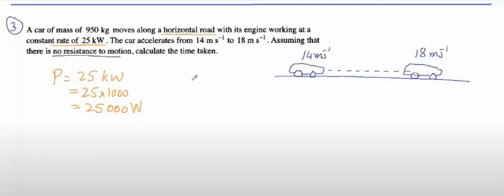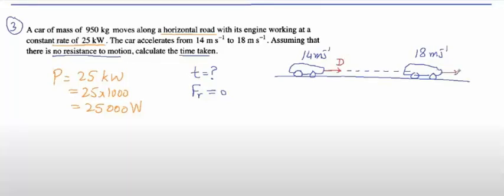It moves from a speed of 40 meters per second to a speed at a different location. When it reaches there, its speed is 18 meters per second, assuming that there is no resistance to the motion.